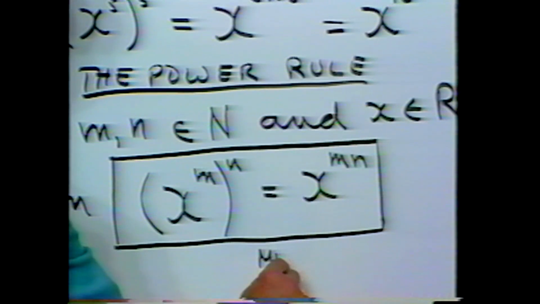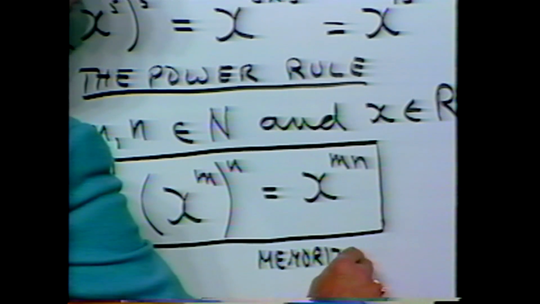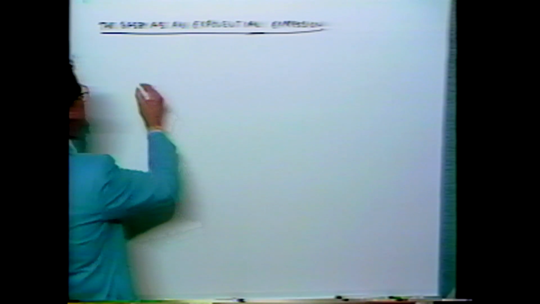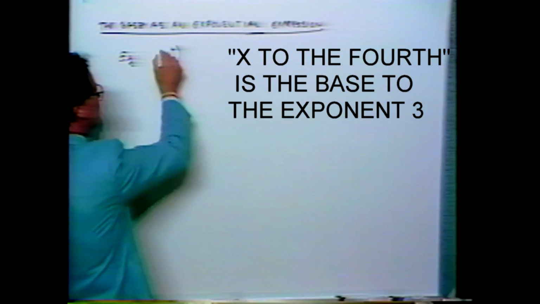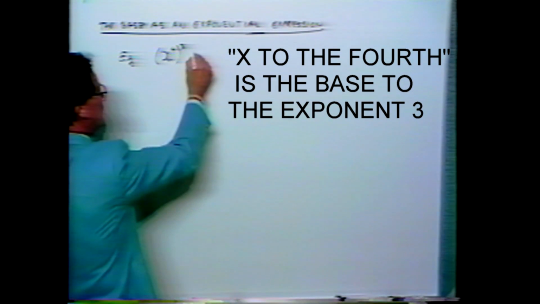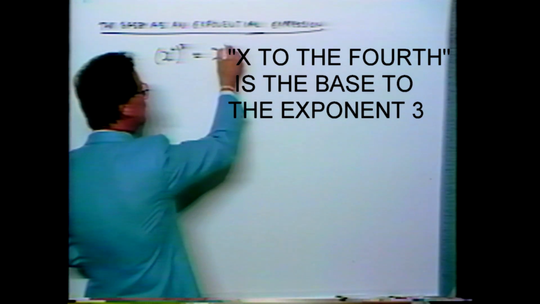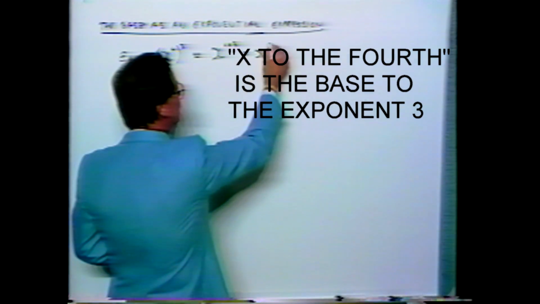Memorize this rule. For example, x to the 4th raised to the 3rd is equal to x to the 4 times 3, which in turn is equal to x to the 12th.